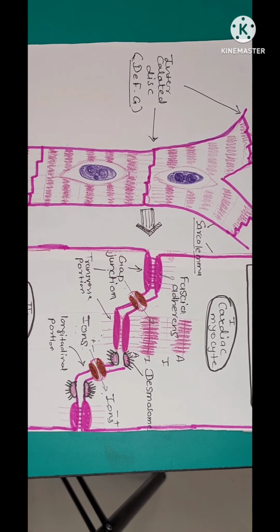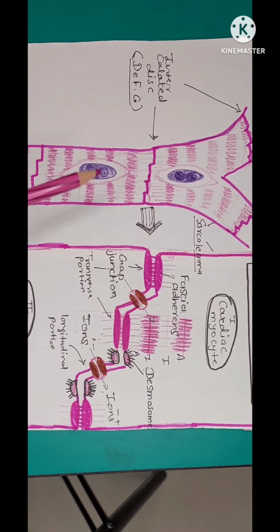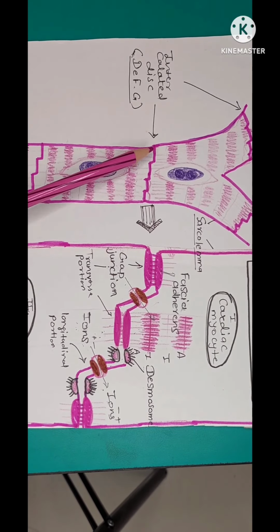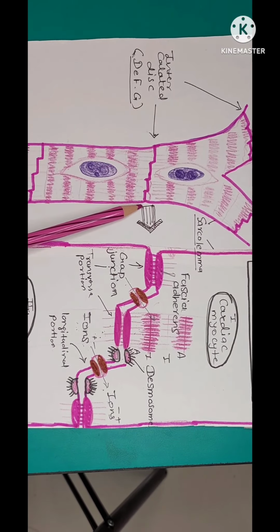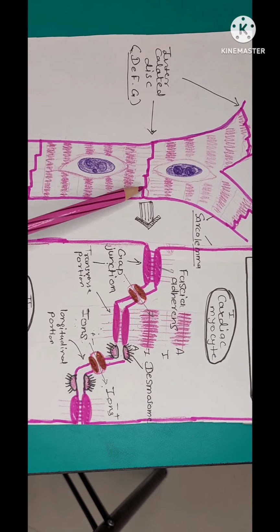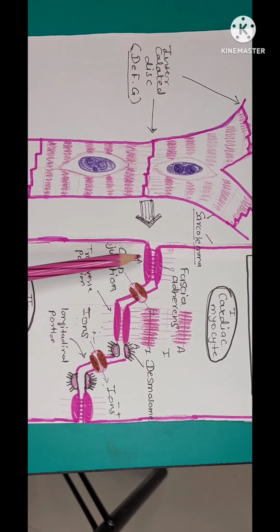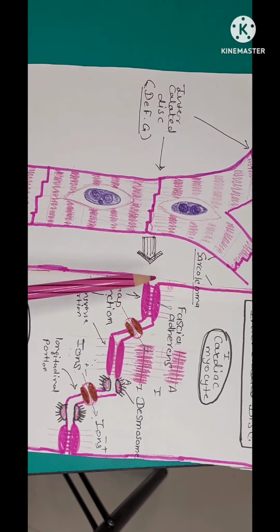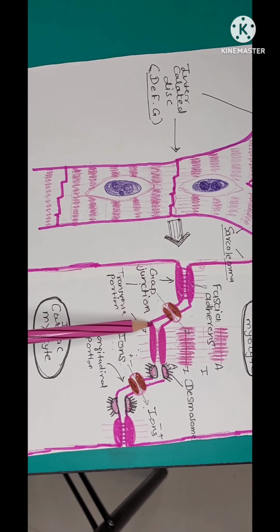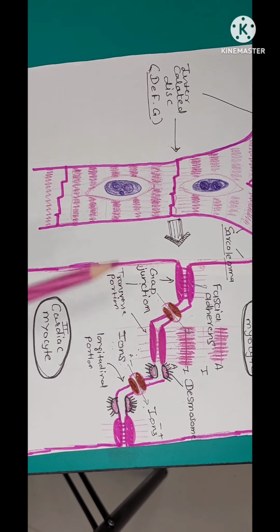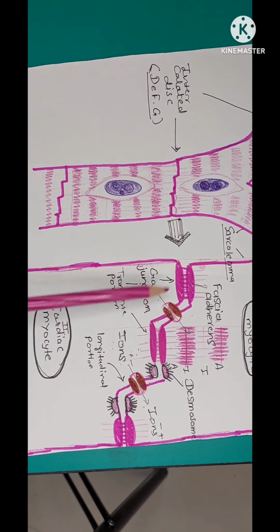Let's see the structure of the intercalated disc. Here the intercalated disc is present at the Z line, and it is not straight but has this step ladder pattern. It has a transverse portion and a longitudinal portion. Usually the longitudinal portion is not clearly seen under low power.